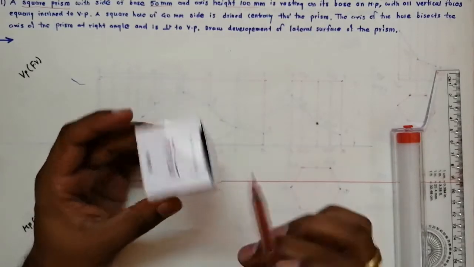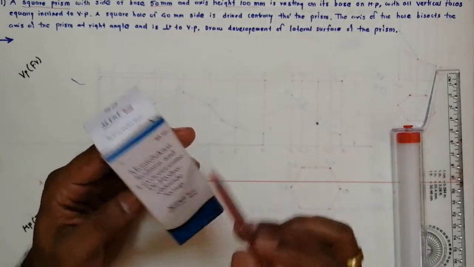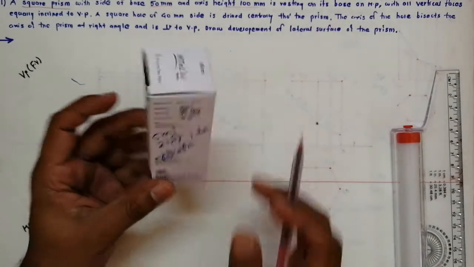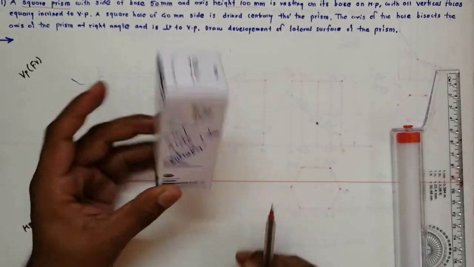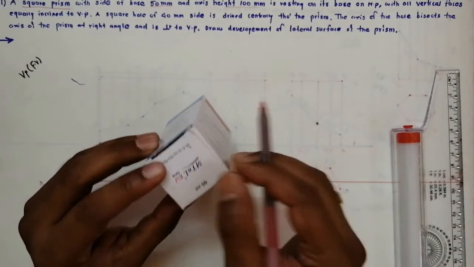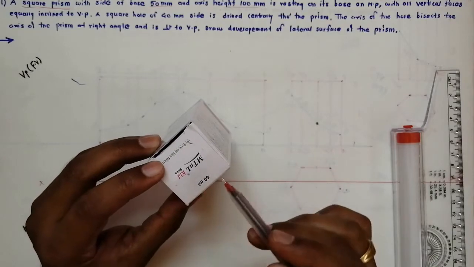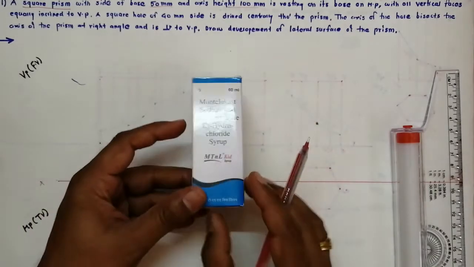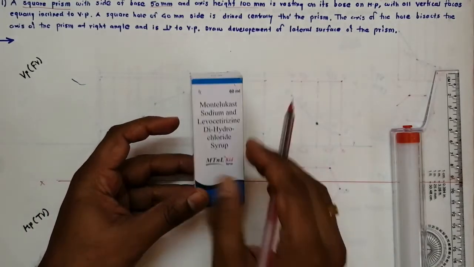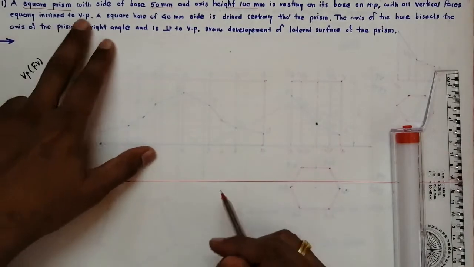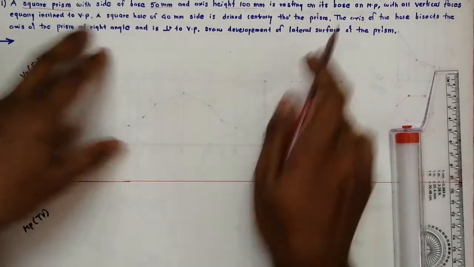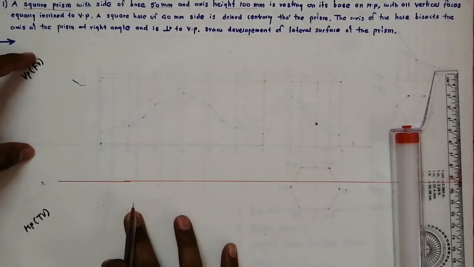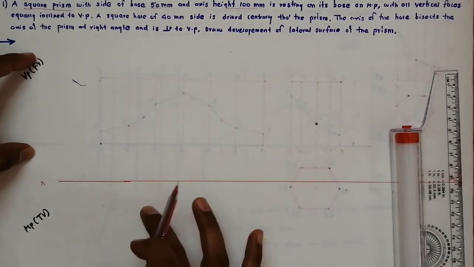So now since it is having four sides, we'll get here four rectangles. Okay, so this is the square prism. So top view, the true shape is the square. And the front view is what? It is rectangle. So a square prism is given and it is resting on HP, so true shape comes here. So that square we have to draw here.